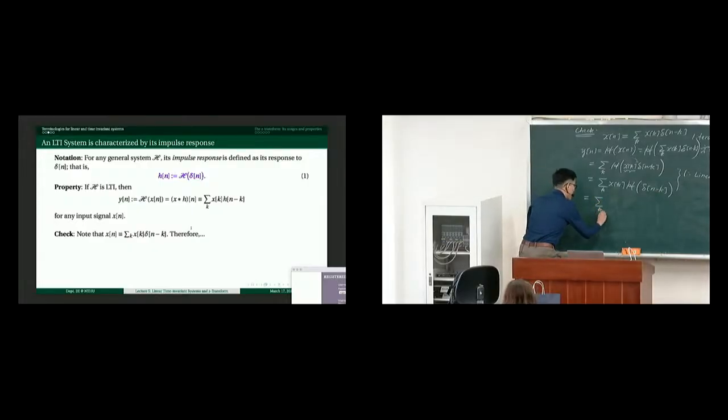So now, because of time invariance, we copy x[k] here, and the output is also delayed by n samples. And what is the output? The output is the impulse response, literally. And that completes our check.